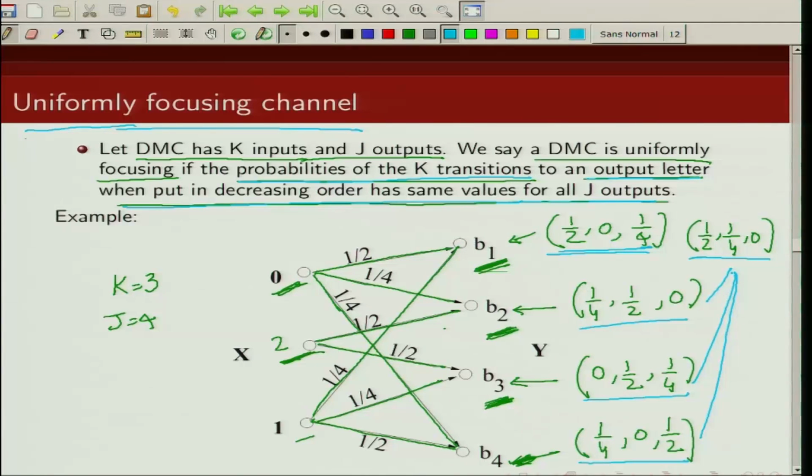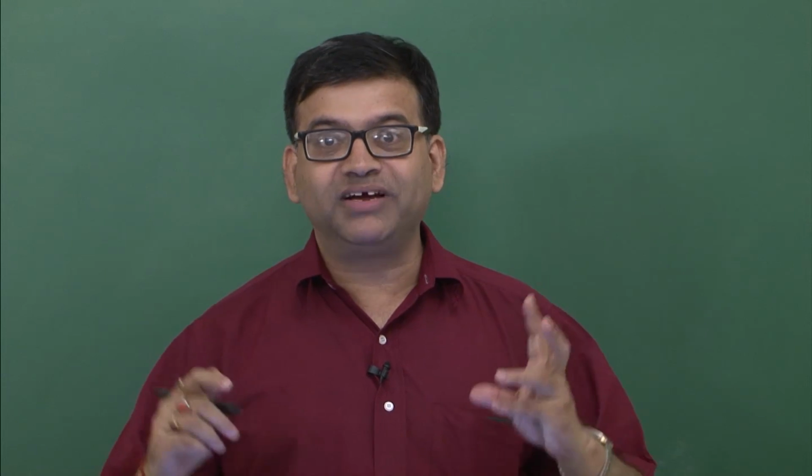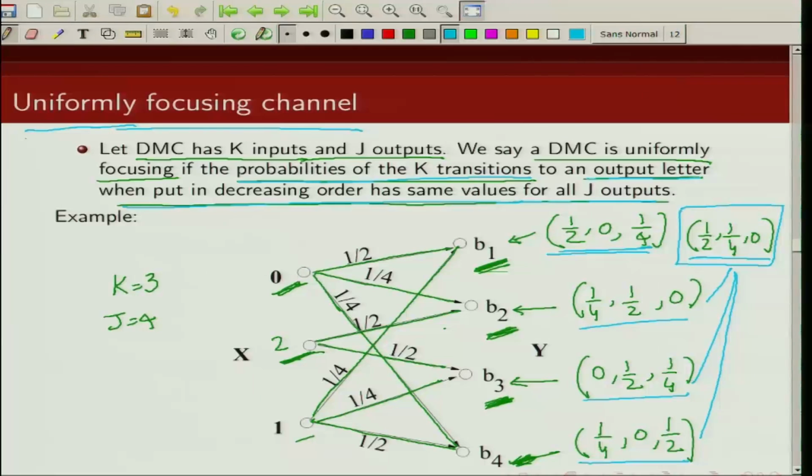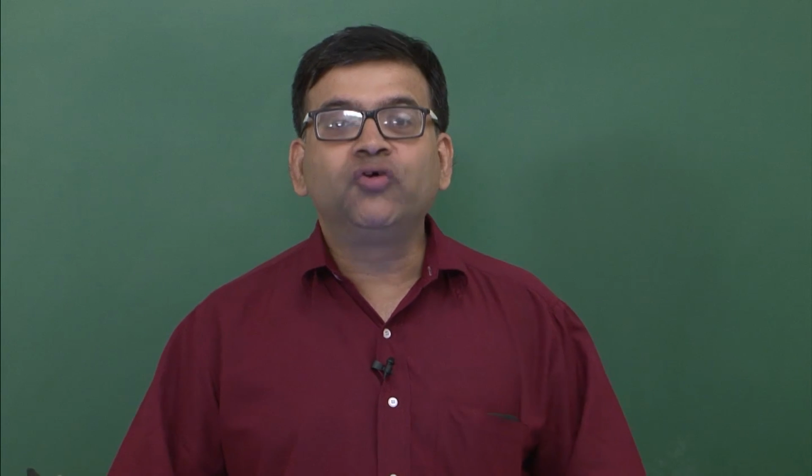So no matter what my output is, whether it is B1, B2, B3 or B4, I get the same probability order: half, 1 by 4, 0. So this is an example of a uniformly focusing channel.